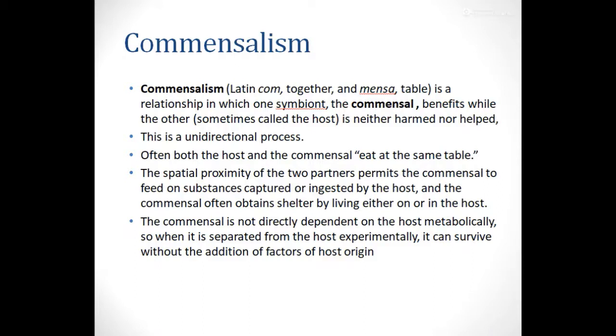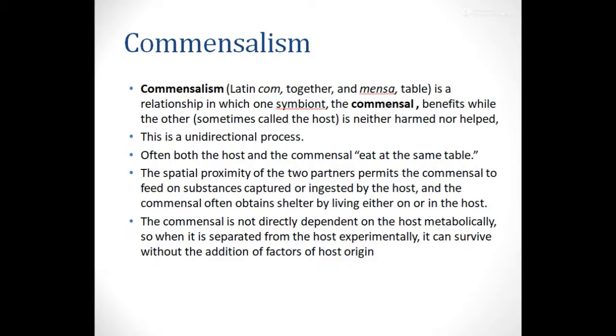If you consider commensalism, it is a unidirectional process. One is giving to the other, but the one who gives is neither harmed nor helped, while the one who gets it is the symbiont that benefits. Since the concept of eating at the same table is used here, there should be a spatial proximity between the two partners.